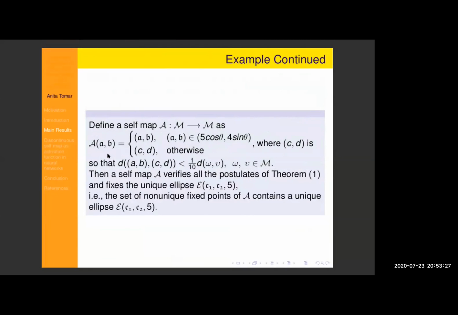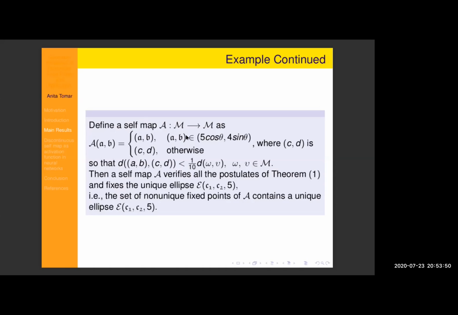And if we define a self-map A, where AB equals AB for AB belonging to (5 cos theta, 4 sin theta), and CD otherwise, then the distance between AB and CD will be less than 1 upon 10 of the distance d(omega, W).